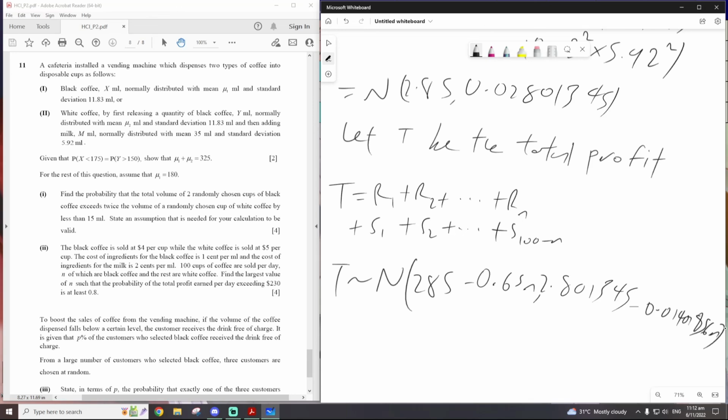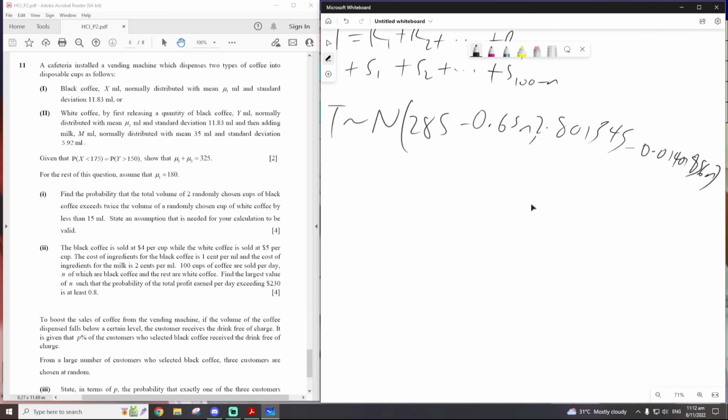Okay, yeah. So we now need to find the probability of total profit earned per day exceeding 230 is at least 0.8. So we now use GC. Using GC, we draw the table, of course.